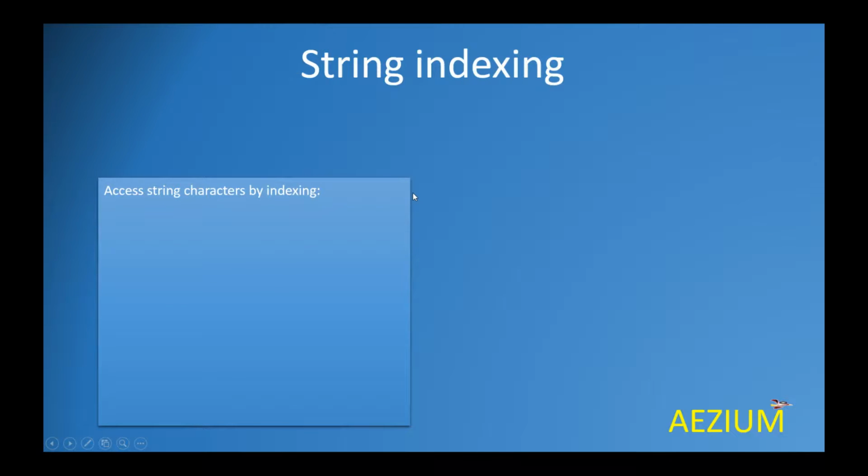Through indexing, we can access different parts of a string, using different offsets, or we can just use unity offsets. This is shown here with some examples.